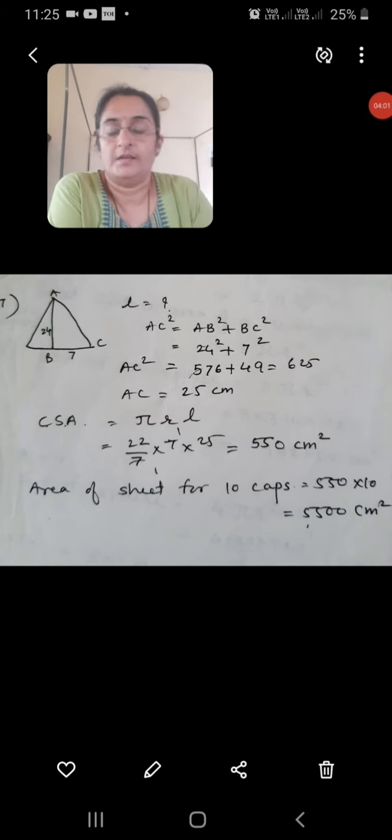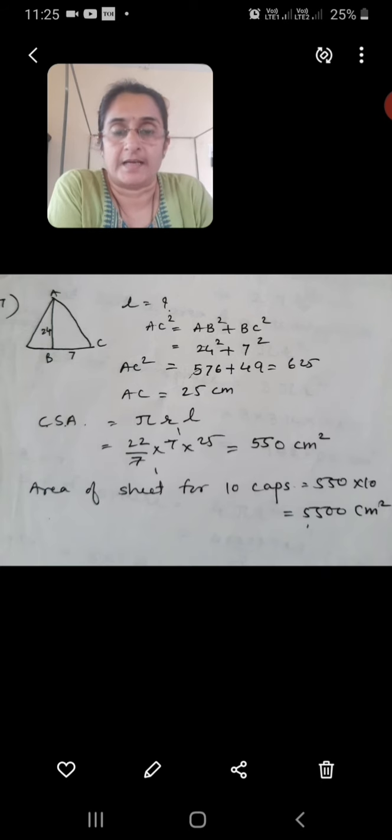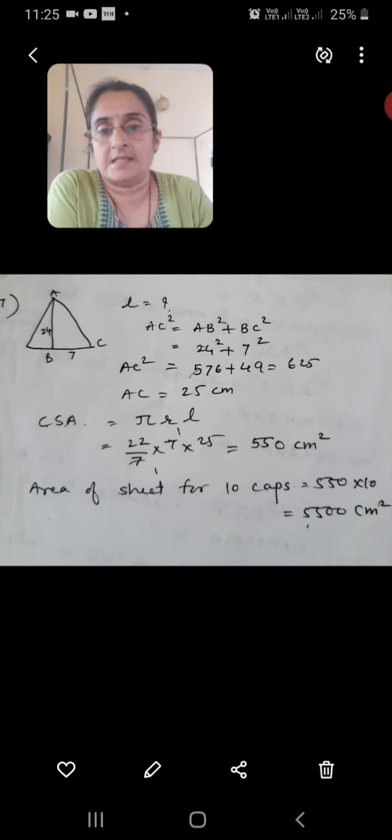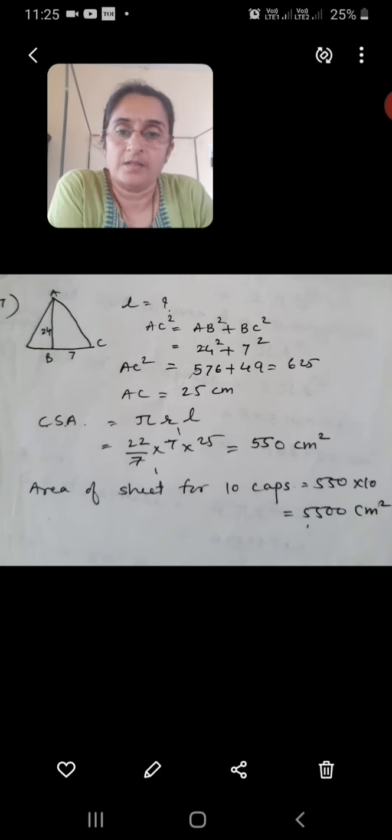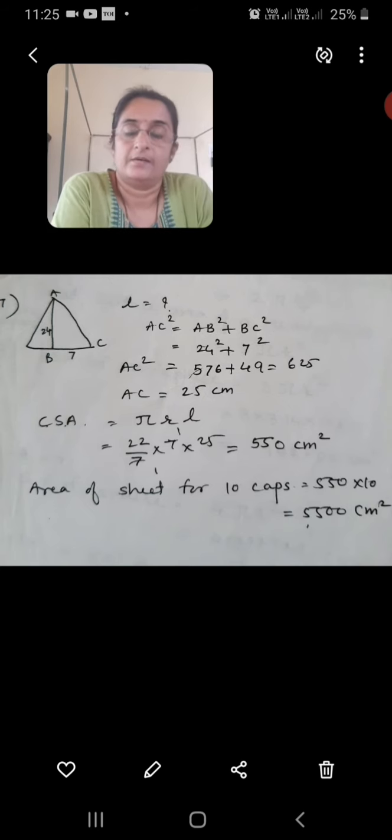Here we are going to learn the curved surface area and total surface area of a cone. Have you seen the shape of a cone, children? It will be a triangular shape, and at the bottom there will be one circle. Now to find the curved surface area, we are going to use the formula pi r L. Fine.